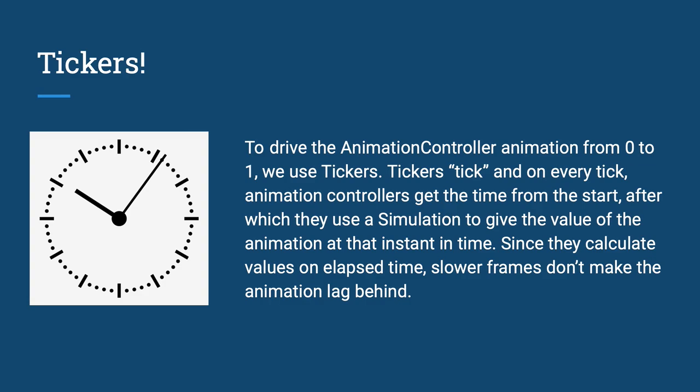For example, in an ideal case your tickers would run once per second, but if your animation is too heavy or something goes wrong, your phone is slow, and your second tick happens not at 2 seconds but at 2.5 seconds, at that instant your animation controller will actually get that 2.5 and calculate that I need to be at 2.5. I cannot be at 2.